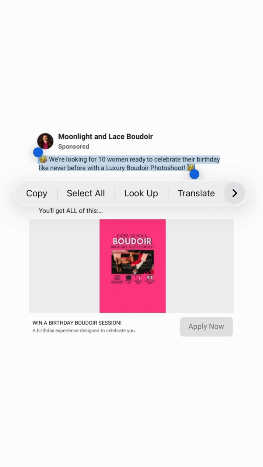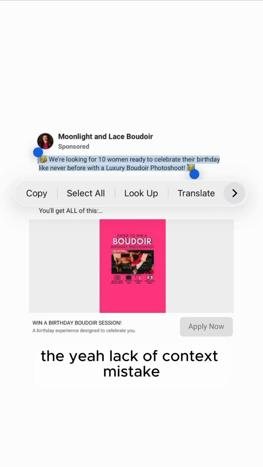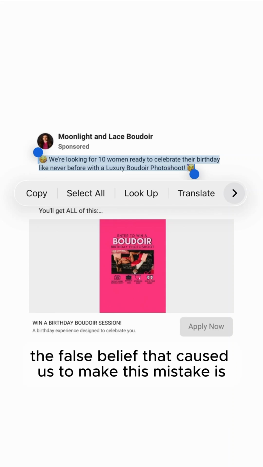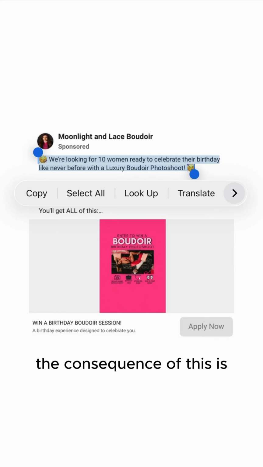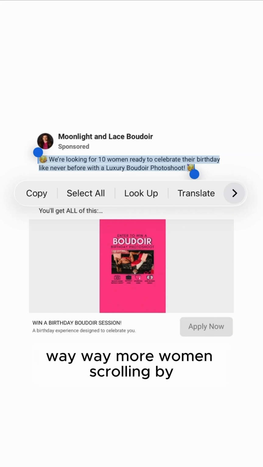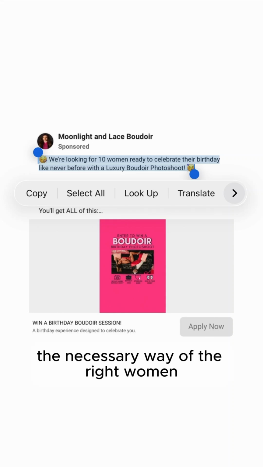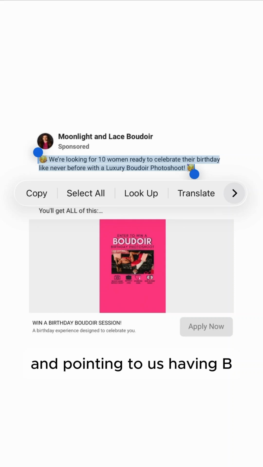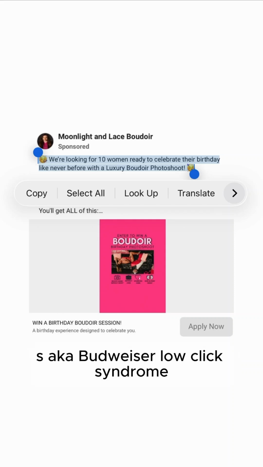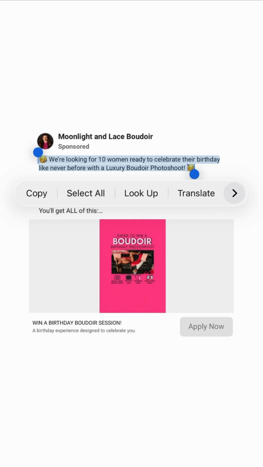The false belief that caused us to make this mistake is, we believe we provide enough context, but the consequence of this is we have way, way, way more women scrolling by than necessary, way of the right women, pulling our unique CTR all down and pointing to us having BLCS, aka Boudoir low click syndrome, increasing that probability.